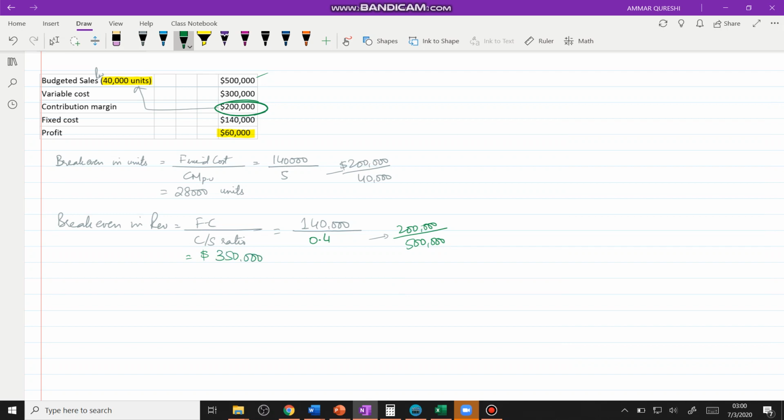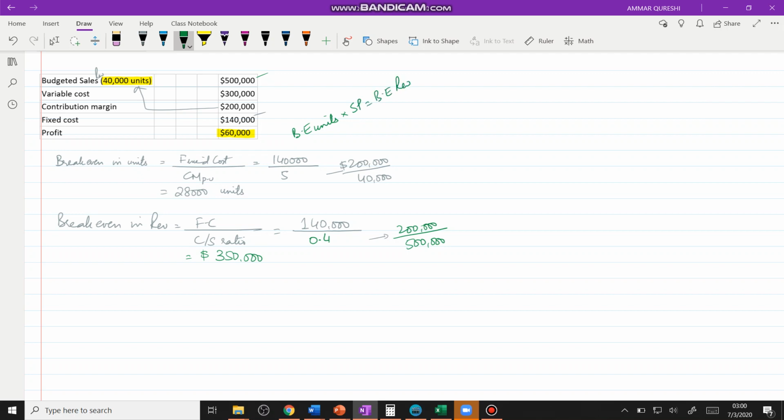There is another way of calculating break-even in revenue, which is an easier option, but I don't consider that option in my discussion. If you multiply break-even in units with selling price, you will get break-even in revenue.